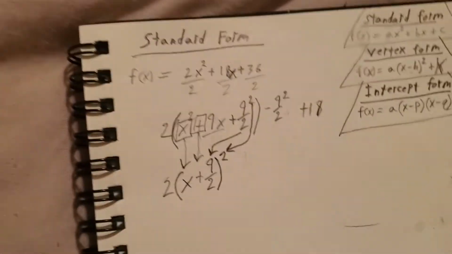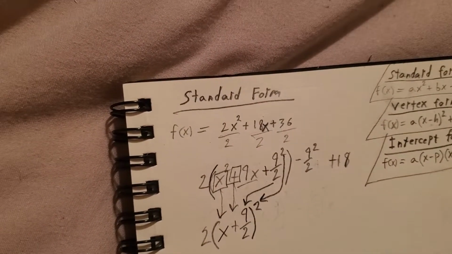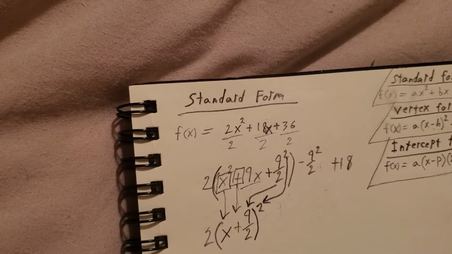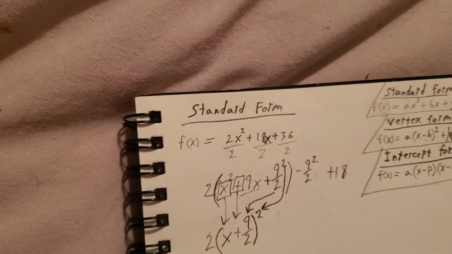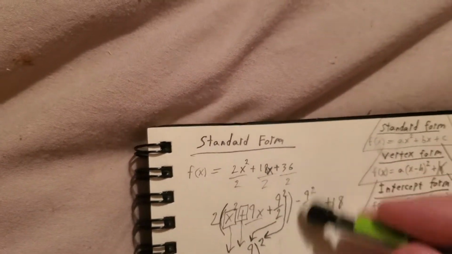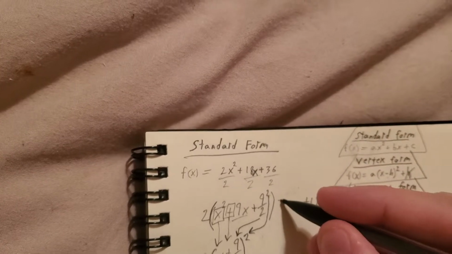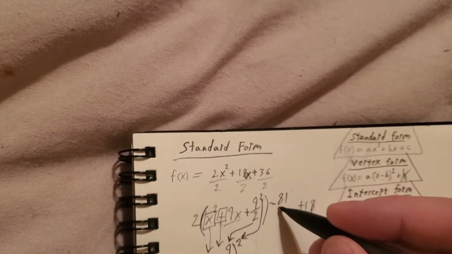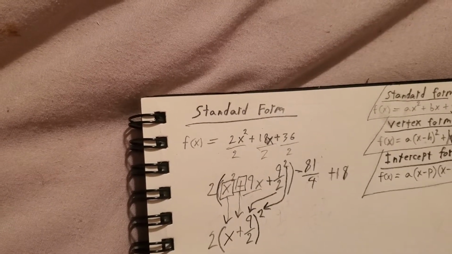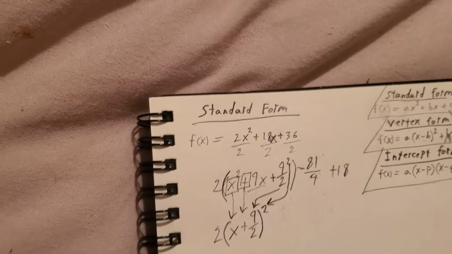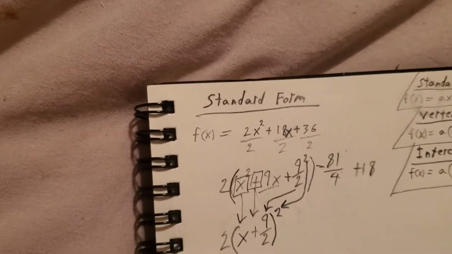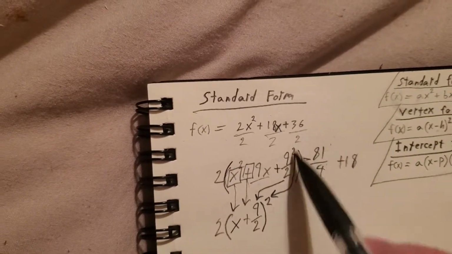And then from that, we're going to take 9 divided by 2, and we're going to square that. So again, 9 divided by 2 times 9 divided by 2 gives us 81 over 4. And there's a negative in front of that, so really this is going to be translated into negative 81 over 4. So we have negative 81 over 4 plus 18. And that gives us negative 9 over 4. We really just added these together.